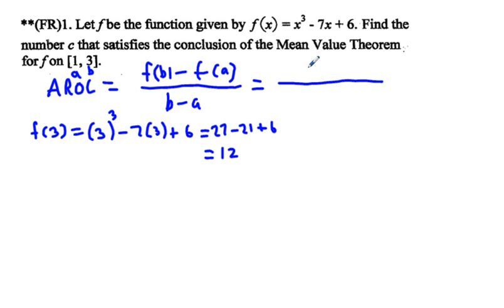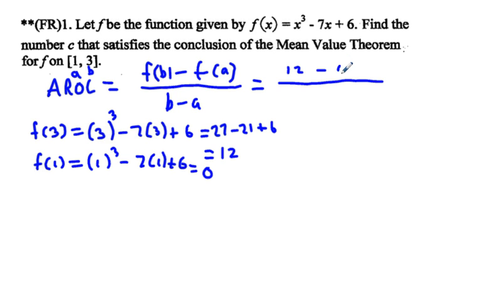So here we put in the f of b position 12, minus f of a. Here we're going to put down f of a, which is f of 1, equals 1 cubed minus 7 times 1 plus 6, and that's 1 minus 7, which is negative 6, plus 6, which equals 0.